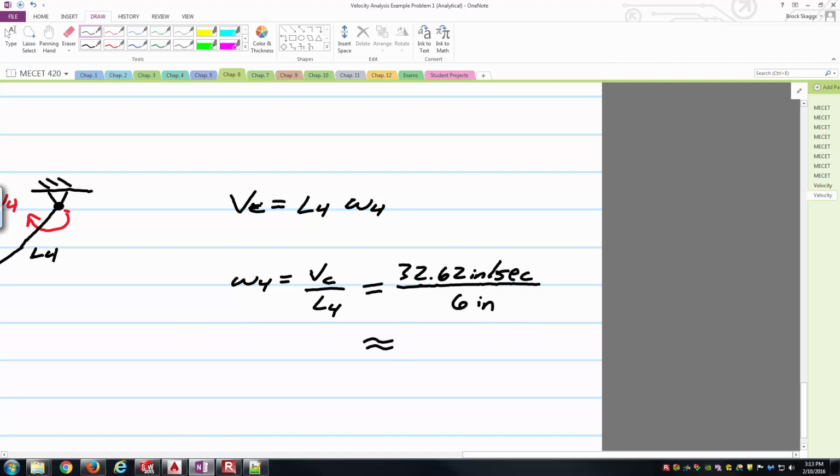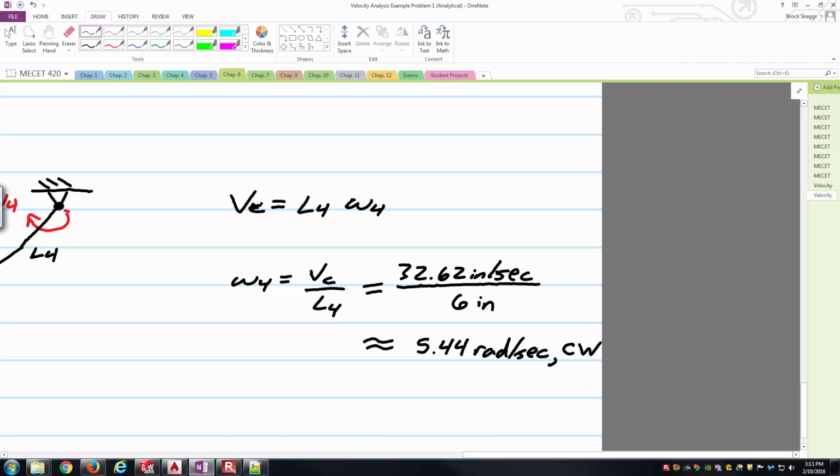Give me 1 second to grab my calculator. 32.62 divided by 6 is roughly 5.44 radians per second, rotating in the clockwise direction.